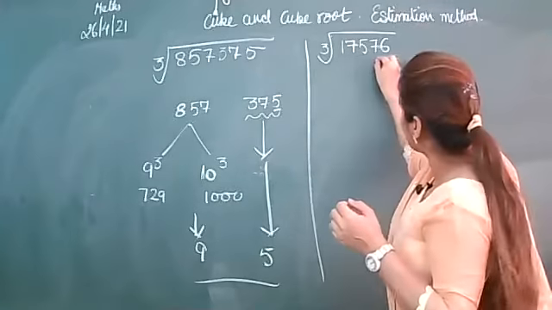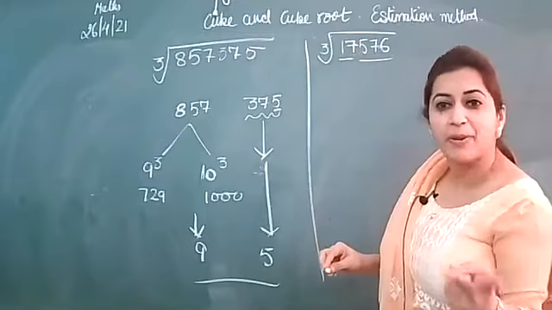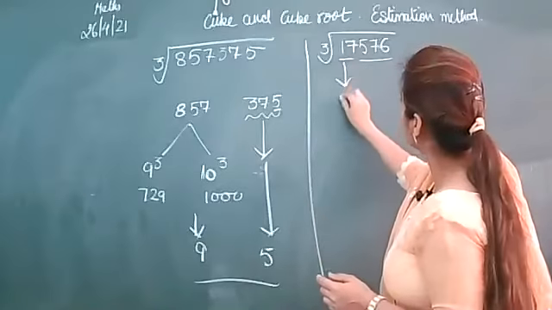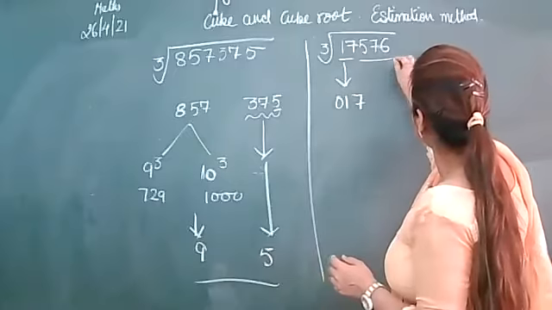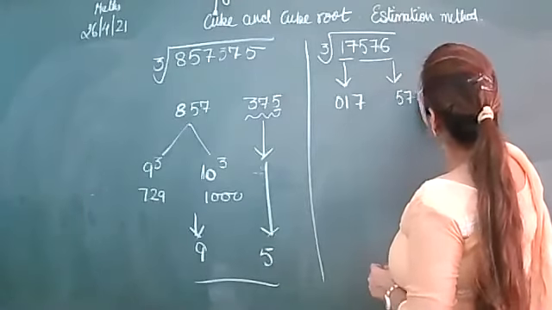So we will make the group of 3 from the right and 17 remains in a pair. So no problem, it will be 0, 1, 7. What will this pair become? 0, 1, 7, and the second group is 7, 5, 76.